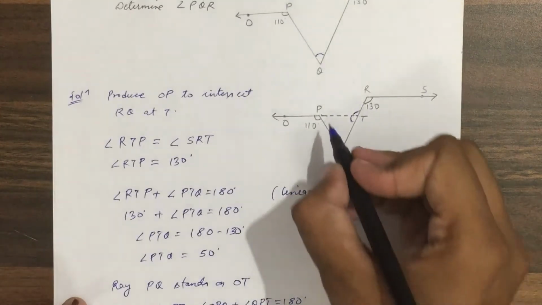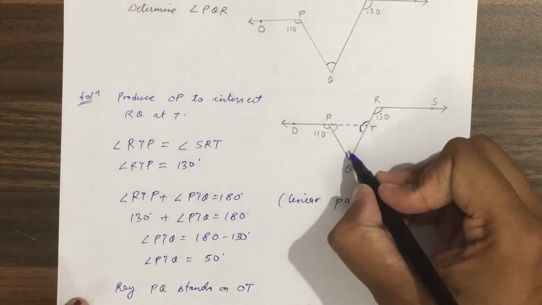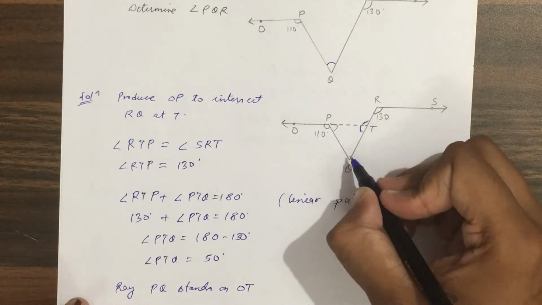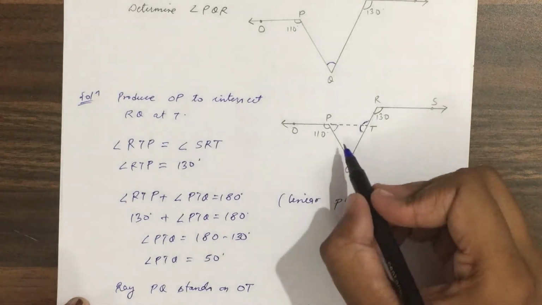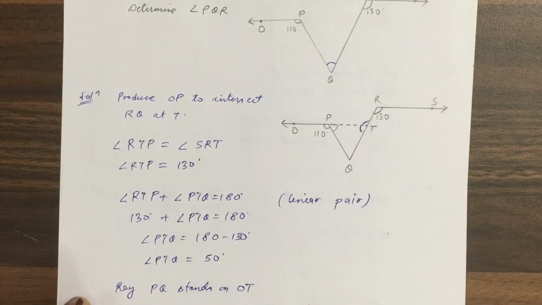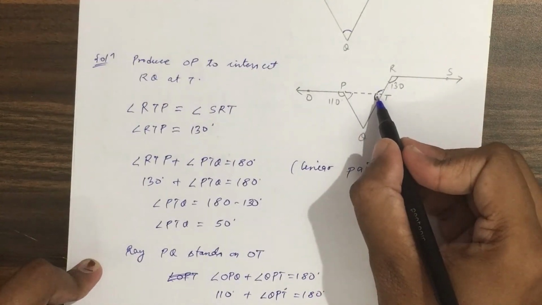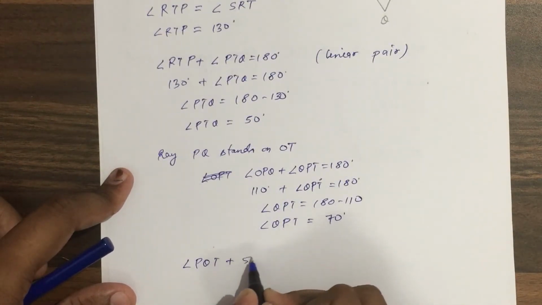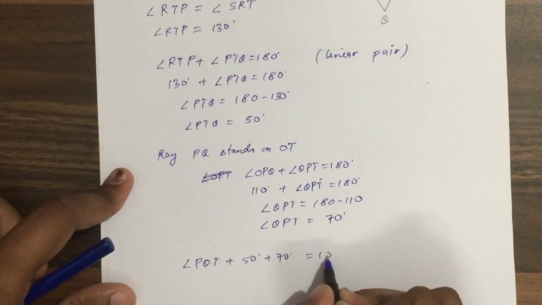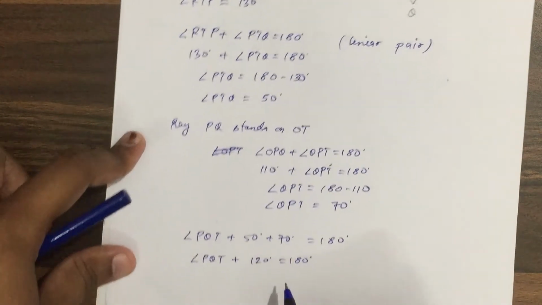Okay. So in this triangle, you know this angle, it is 70 degree. You know this angle, it is 50 degree. And you have to find the angle PQT. We know that you will study in the next lecture that the sum of all angles of a triangle is 180 degree. Okay. So we will use it here. This angle plus this angle plus this angle will be equal to 180 degree. So angle PQT plus 50 degree plus 70 degree equal to 180 degree. So angle PQT plus 120 degree equal to 180 degree.